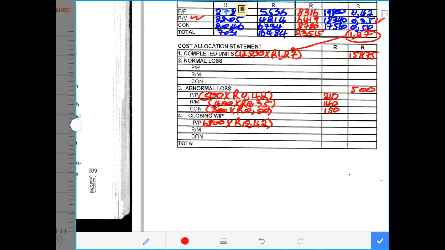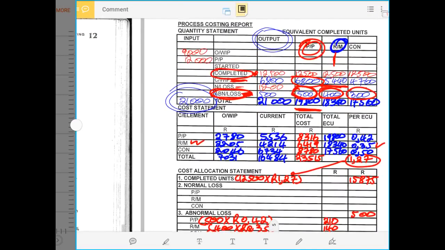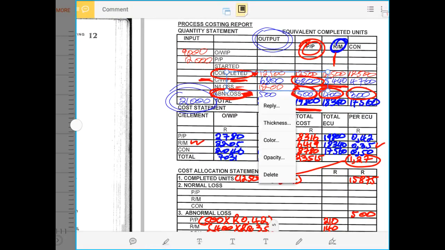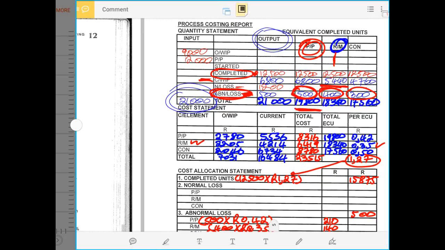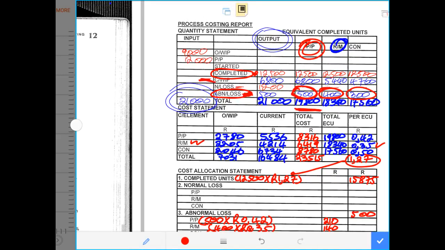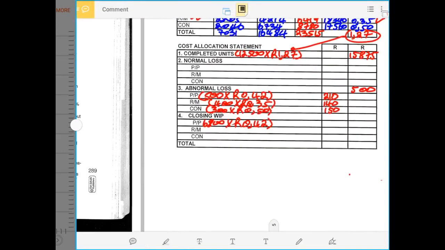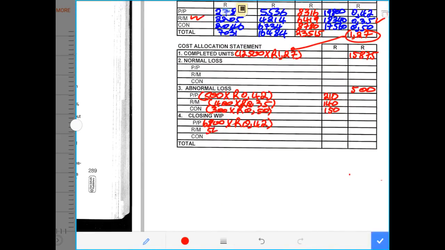Then again, closing with regard to raw material, here is the closing work in process. Our closing work in process with regard to raw material is 5,440. Then we say 5,440, we multiply that by the raw material cost per unit, which is 0.35.